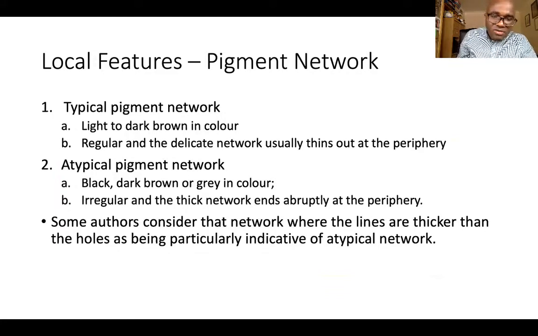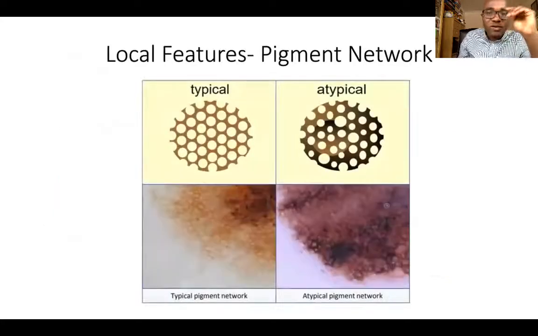Other authors think about networks where the lines are thicker and the holes are particularly indicative of atypical network, as we mentioned. So it's not just the pigment distribution of the network, but also the thickness and the holes as well. You remember this image we've seen before, local features, clearly demonstrated here.